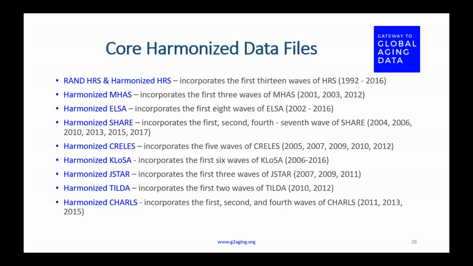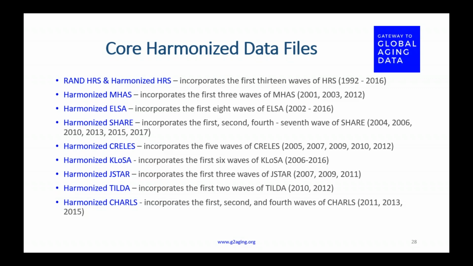much great documentation. We've also created what we call the harmonized HRS, and that's really a supplement to the RAND HRS. So we don't duplicate anything that's already been done, but we look outside of just the HRS and say, what are some comparable measures that we want to make across all these different studies that might not have already been in the RAND HRS? And we create those as part of the harmonized HRS.